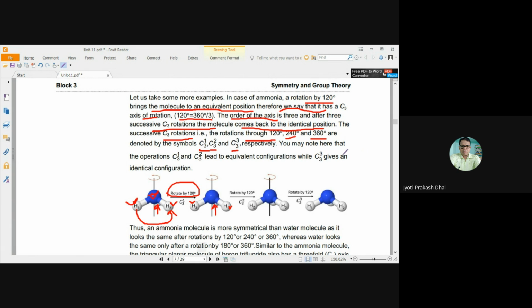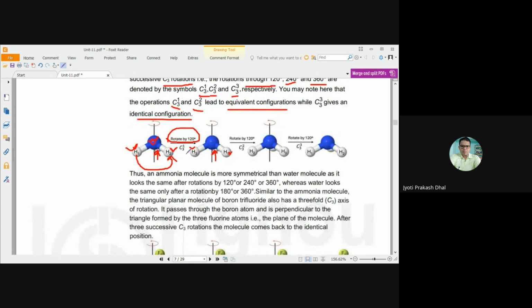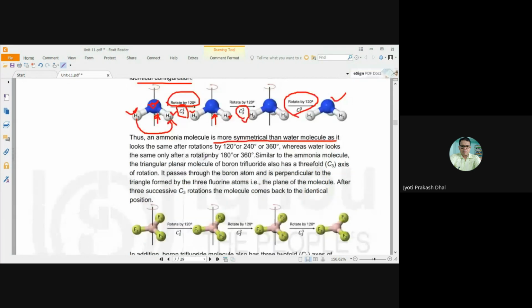You may note here that the operations C3^1 and C3^2 lead to equivalent configurations, while the operation C3^3 gives the identical configuration. In the first step, the operation is C3^1, rotation by 120 degrees. In the second step, the operation is C3^2, rotation by again 120 degrees, a total of 240 degrees, which gives an equivalent configuration.